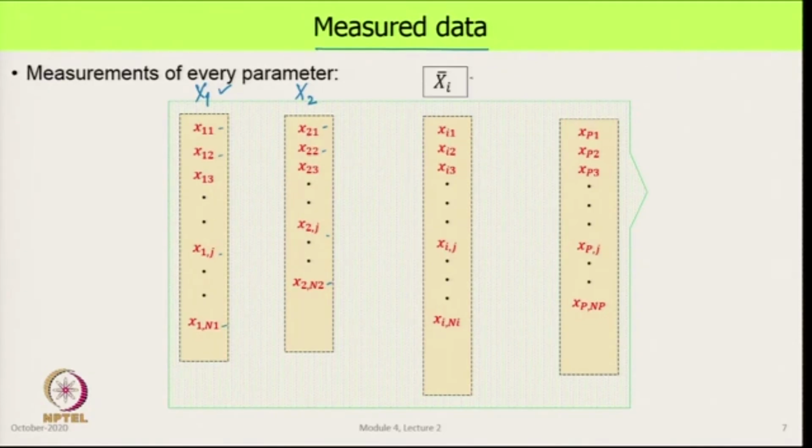For the ith parameter, so this should be only xi, we have xi1, xi2, xij, xini. And if there are p number of parameters in the experiment, this is xp, and these are all the readings that we have.